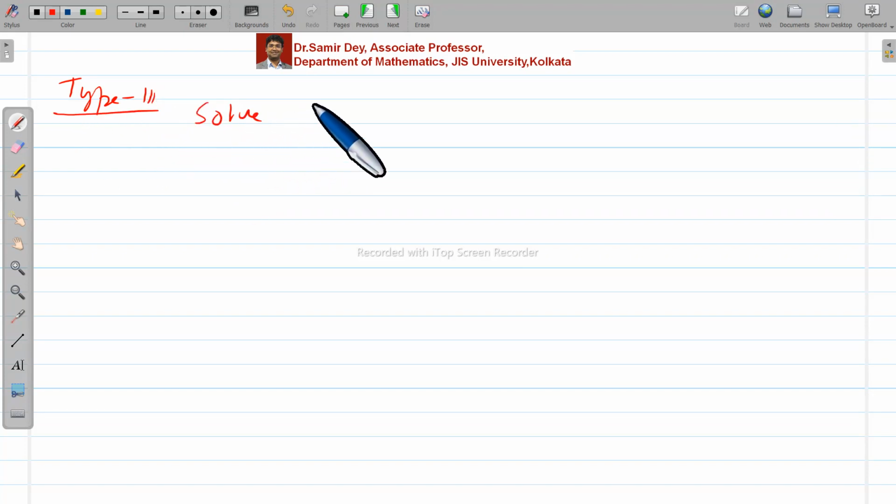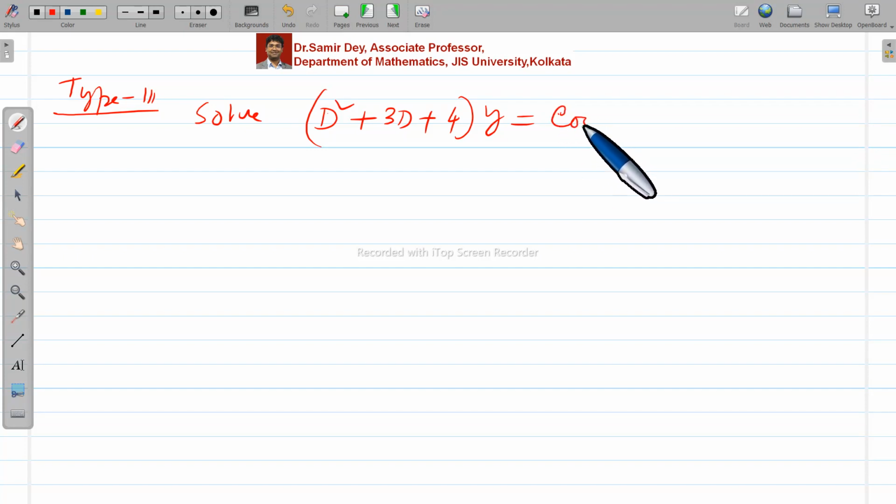So you have a question: solve d square plus 3d plus 4 y is equals to cos 3x. Suppose you have this question. If you want to solve it, there are two parts you have.